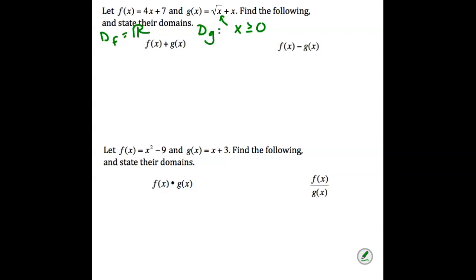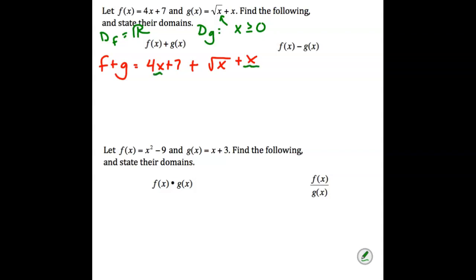And then when we go to add, subtract, multiply, and divide, we have to include those domain restrictions. All right, so our first one says take f plus g. So we have 4x plus 7, and we're adding to it the function square root of x plus x. So all we can do here is combine like terms.